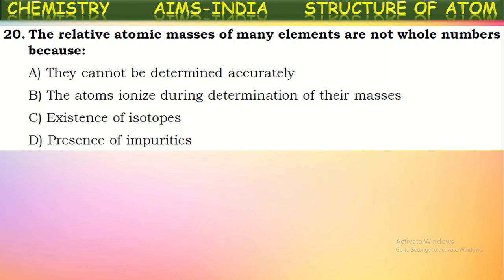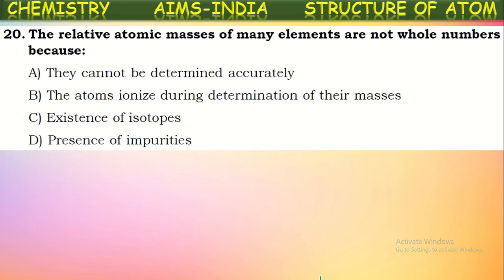See the next one. The relative atomic masses of many elements are not whole numbers. Yes, we observe that for certain elements the atomic masses are in fractions. For example, if you see chlorine, its atomic mass is 35.5. In this way, for certain elements, atomic masses are not whole numbers. They are fractional numbers. Why is it so? This is because of the existence of isotopes for these elements in considerable abundance.